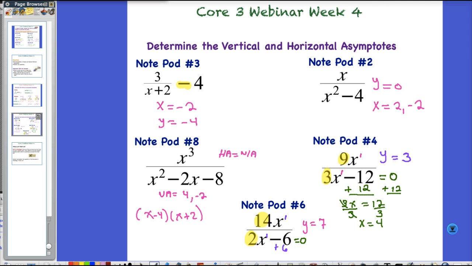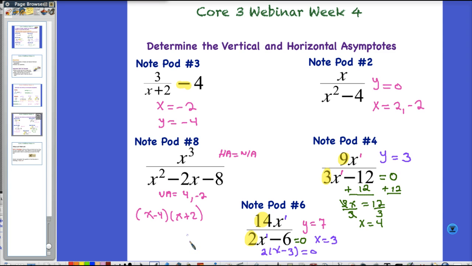You factored out a 2, which is perfectly fine because that's what we've been doing, a ton of factoring. What would x have to be to make this turn into 0? What would x have to be for your vertical asymptote? X would be 3. You got it. Good job. So now you're done, Trevor. Sorry, I was just moving on without you.